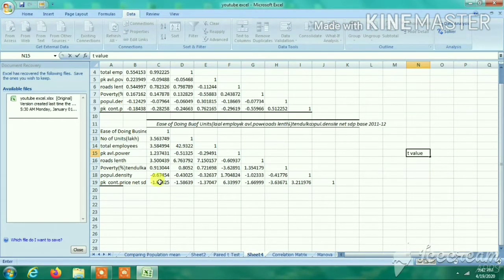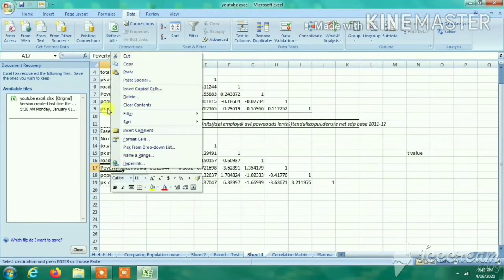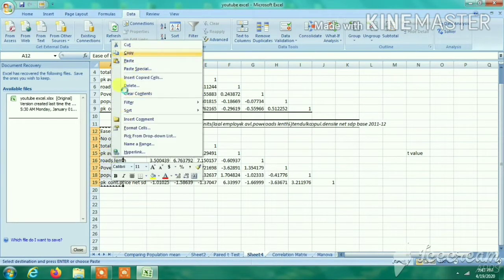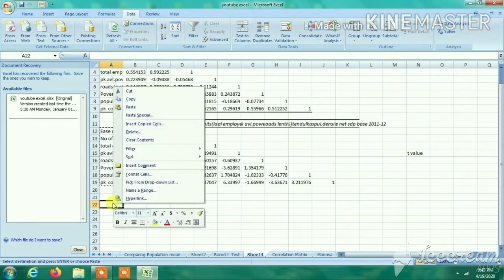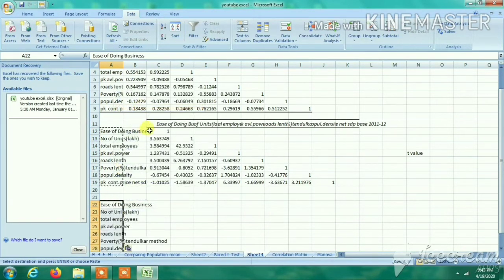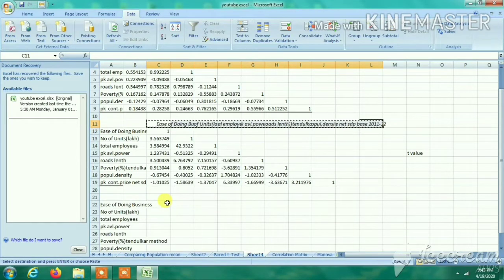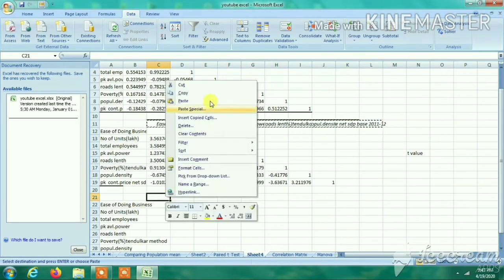Now we have to calculate the p value. Once again, we proceed in the same way. Paste again, copy the row, and put it here.